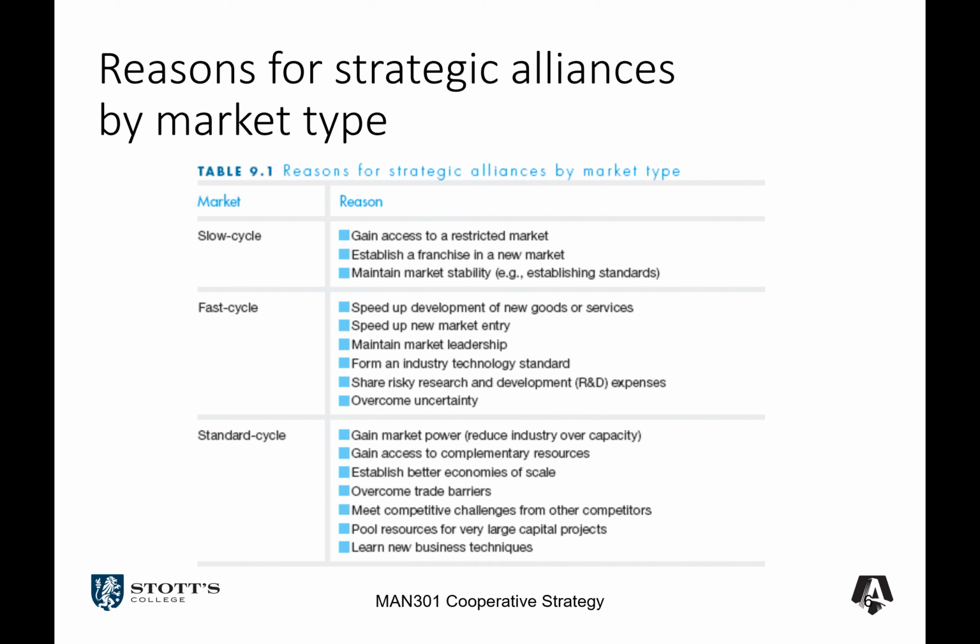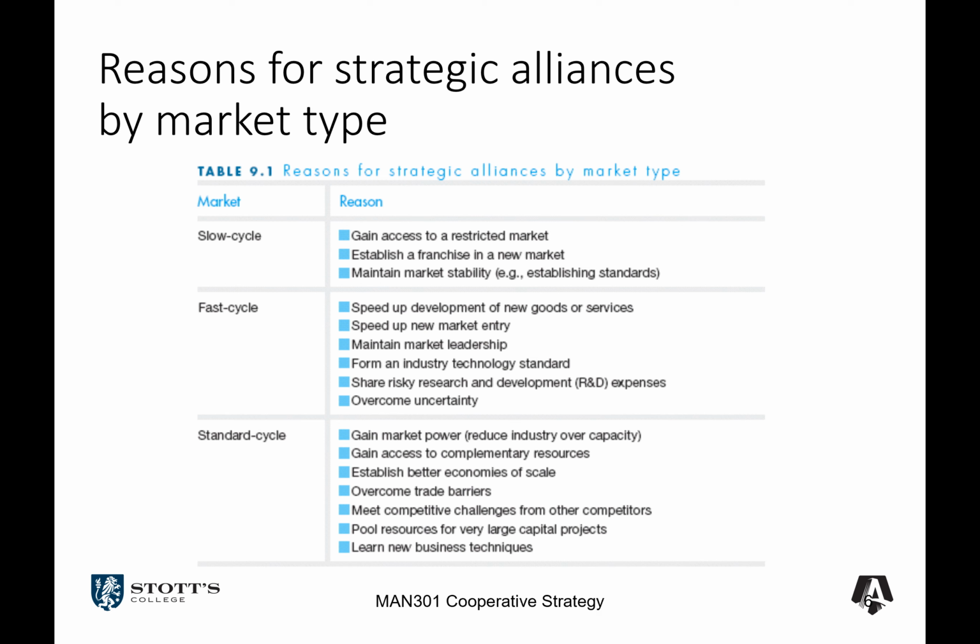You may want to speed up market entry, maintain market leadership, form an industrial technology standard, share risky research and development or R&D expenses. Think of OLED or the standards for Wi-Fi or the standards for QLED. Over at 5G, or overcome uncertainty.